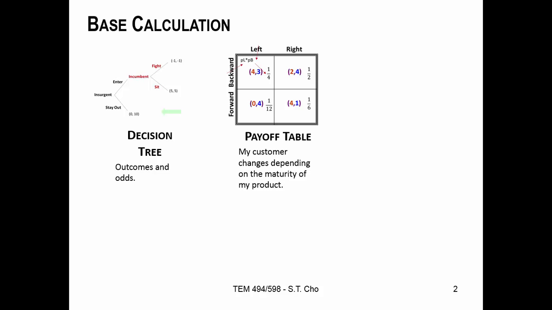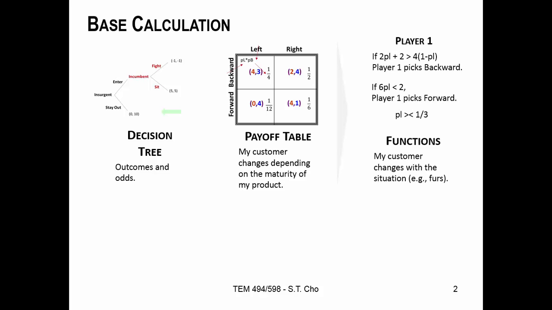I tend to start with tables, but if it's really complex, then I like to do trees so I can see the whole thing. Now, based on what those payoffs are, you can actually derive the probabilities of where you tip one way or the other. For example, if going right has a much higher probability than going left, then naturally that changes your payoffs because you have different expectations.